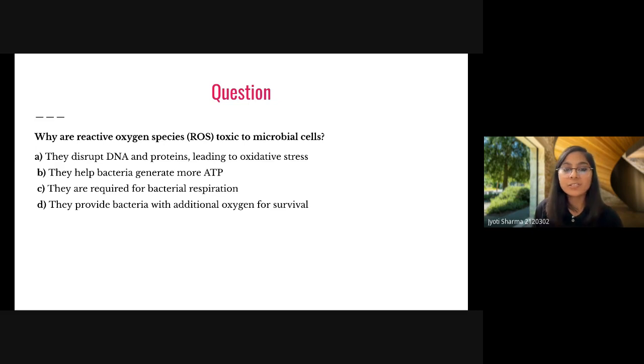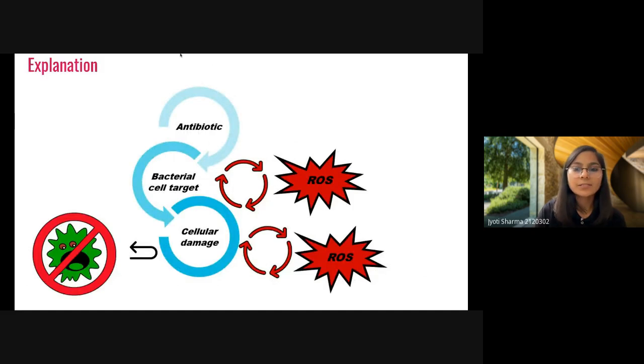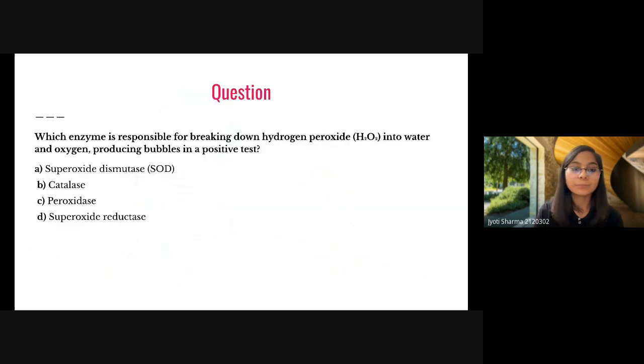Because the question is why they are toxic, they may disrupt some of the functioning. So A is the right answer: they disrupt DNA and protein, and that may lead to oxidative stress. That's why reactive oxygen species are toxic to the microbial cell. And here you can see how they can damage the bacterial cell.